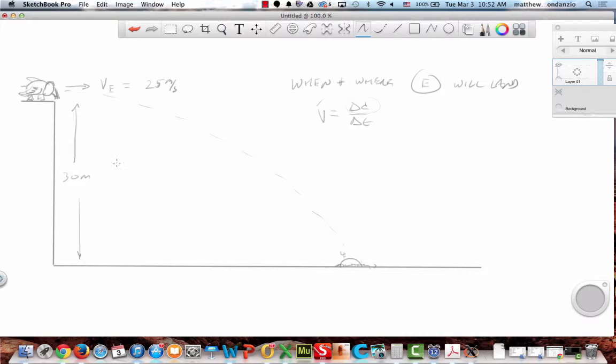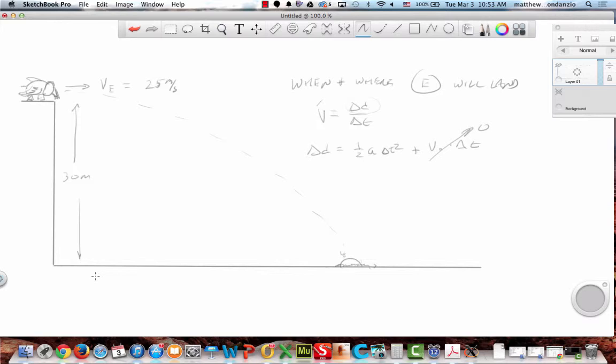What kind of vertical motion do I have? Constant acceleration. So my change in distance for constant acceleration is one half a t squared, plus any initial velocity I have times delta t. Do I have an initial velocity? No. So that goes to 0.